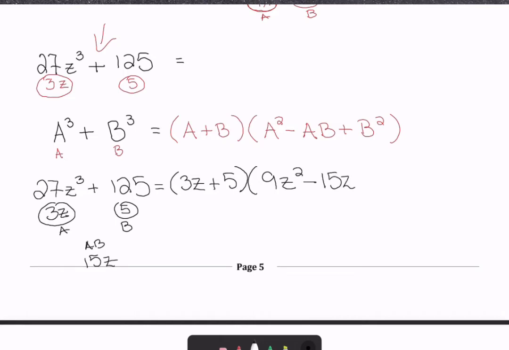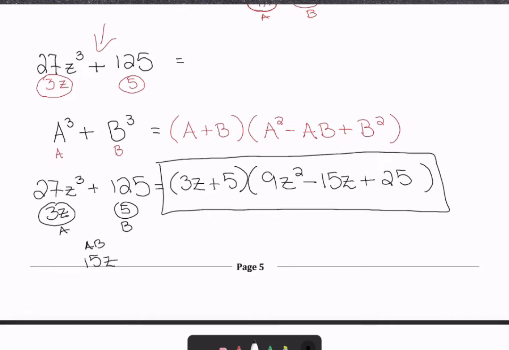So 15z. And then I do 5 squared, which is 25. And this is my answer. So sum of cubes and difference of cubes, it literally is once you take the cube root, you plug it into the formula and then you should be finished.